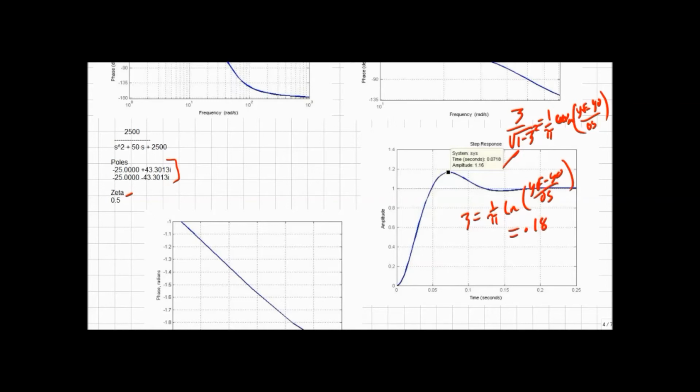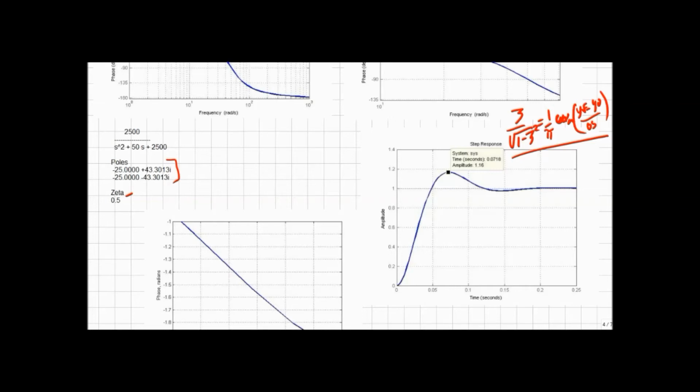So when I've got fairly high damping where I just get an overshoot and settling, I really can't use that small zeta approximation. I've got to go through all the math to solve this equation for zeta. But I came up with the right answer doing it that way, which is always nice.